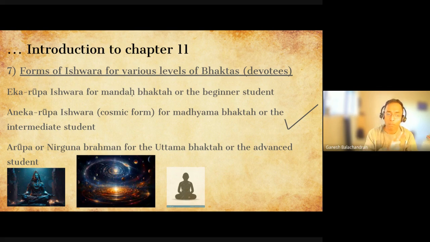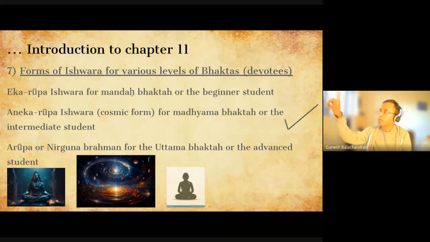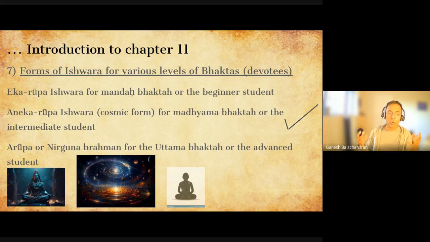Ekarupa Ishvara for the beginner student, or Manda Bhakta, where you worship God as Krishna, or as Rama, all those things. Ekarupa, one form only. You concentrate on that form, you worship. Then Aneka Rupa Ishvara, which is the cosmic form, where God comes as the entire universe, for the Madhyama Bhakta, the intermediate student. Then Arupa Nirguna Brahman for the Uttama Bhakta, the advanced student. That is the highest form.